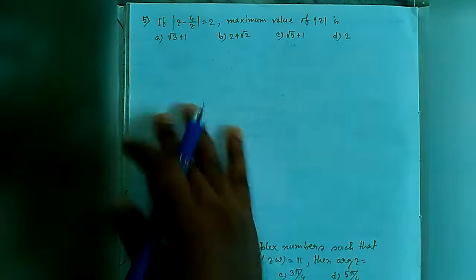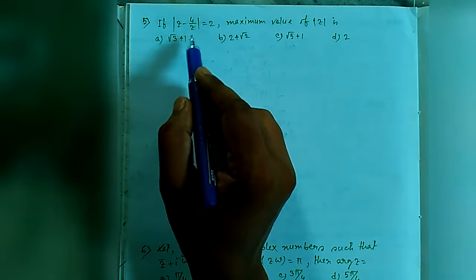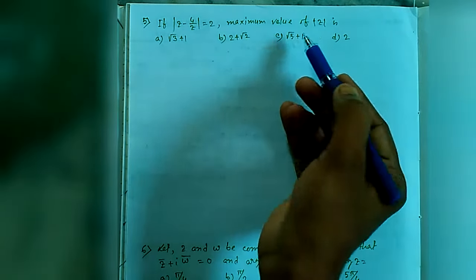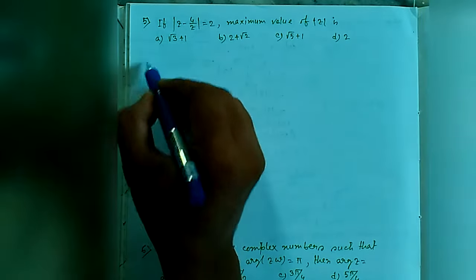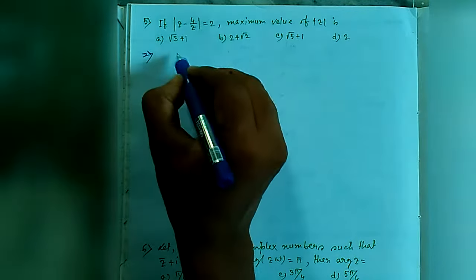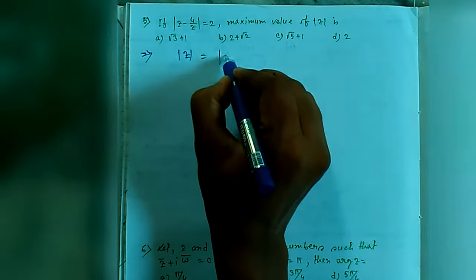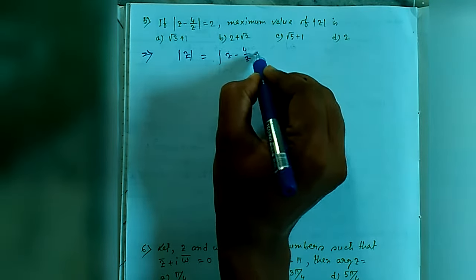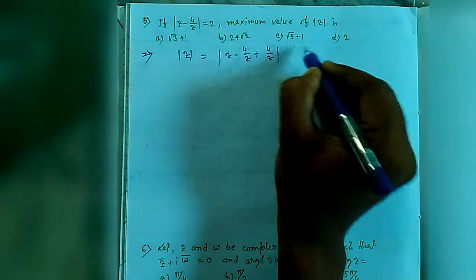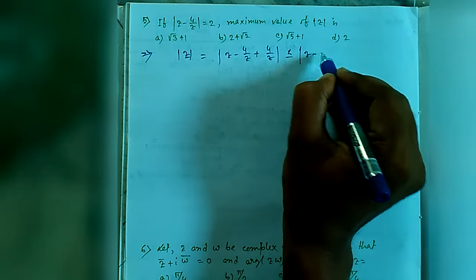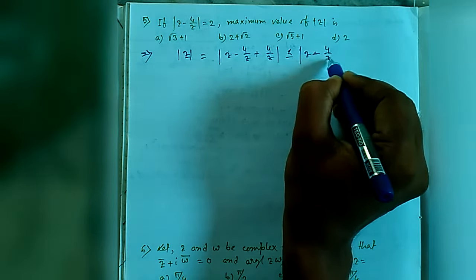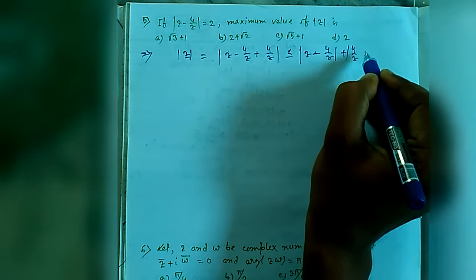Again take another problem. If modulus of z minus 4 by z equal to 2, then maximum value of mod z is what? First pause my video and try it yourself. So this can be written as z minus 4 by z plus 4 by z. So this is less than or equal to mod of z minus 4 by z plus mod of 4 by z.